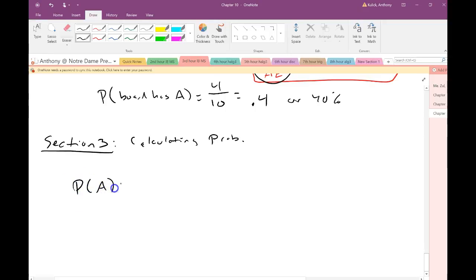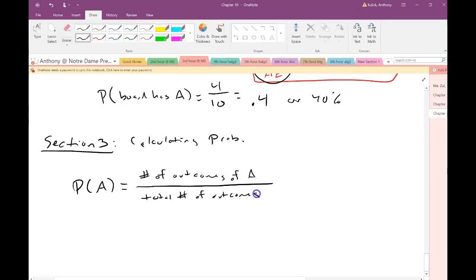So the definition for probability of A is just the number of outcomes of A divided by the total number of outcomes.